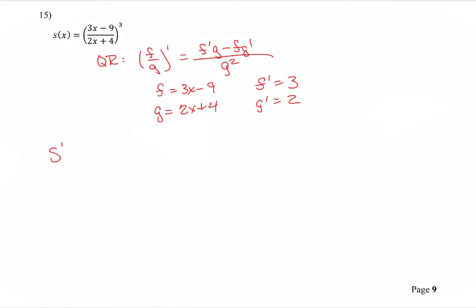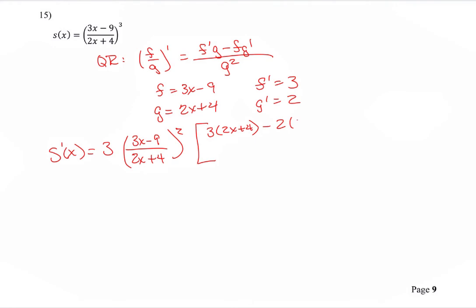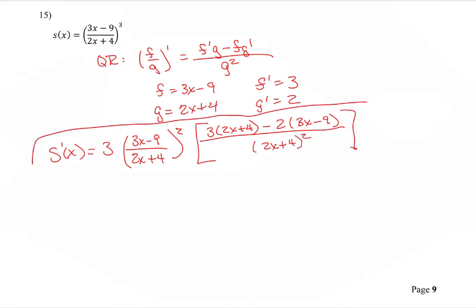So then s prime of x equals 3 times ((3x minus 9) over (2x plus 4)) squared times the derivative of the inside, and that's where the quotient rule comes into play. So I have (3 times (2x plus 4) minus, and I'm going to go ahead and pull the 2 forward, 2 times (3x minus 9)) all over (2x plus 4) squared. And that is my derivative.